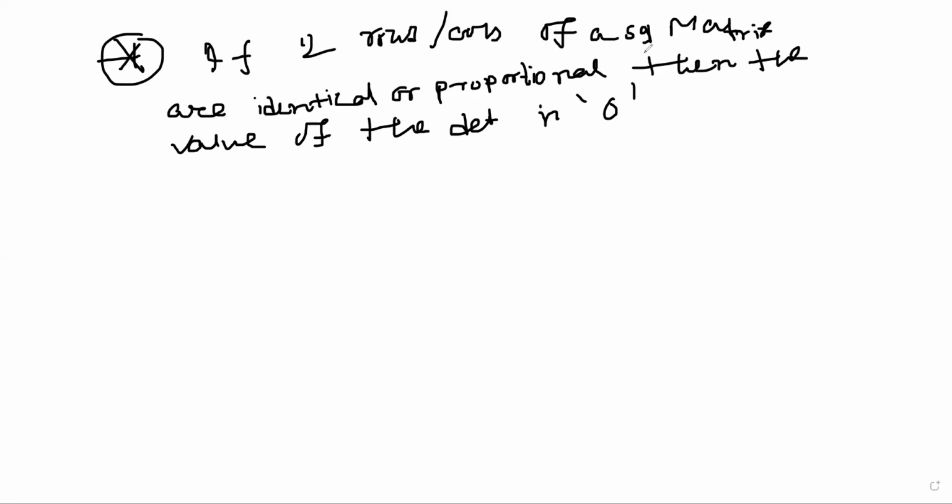So if two rows or columns of a square matrix are identical or proportional, then the value of the determinant is 0.